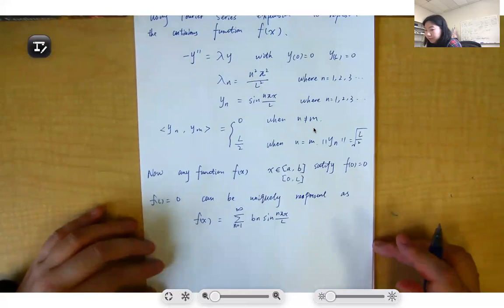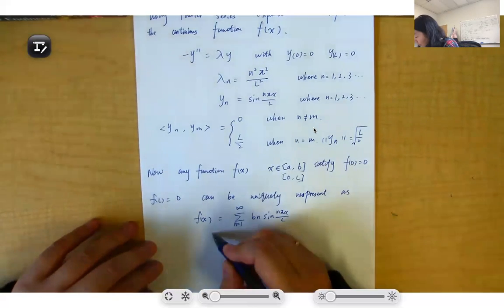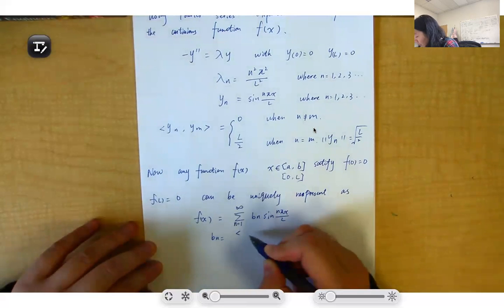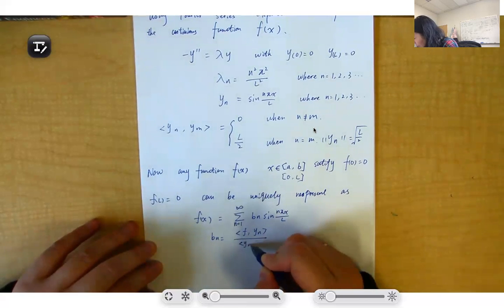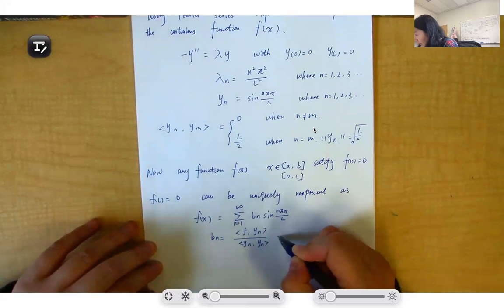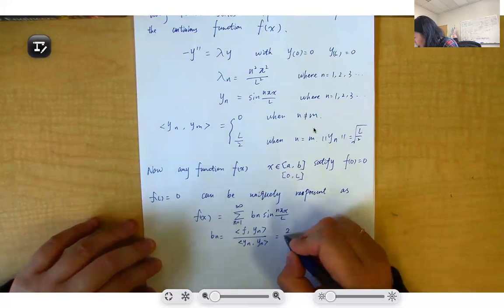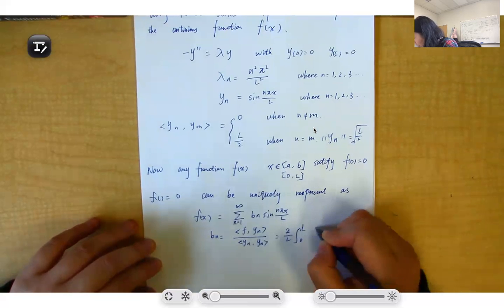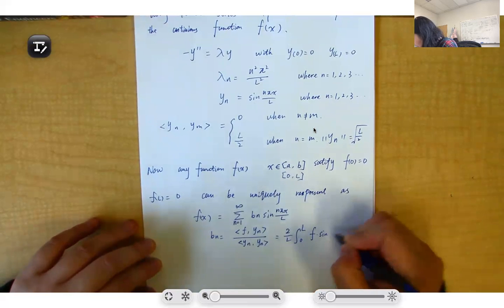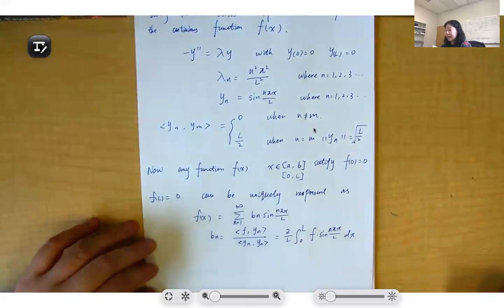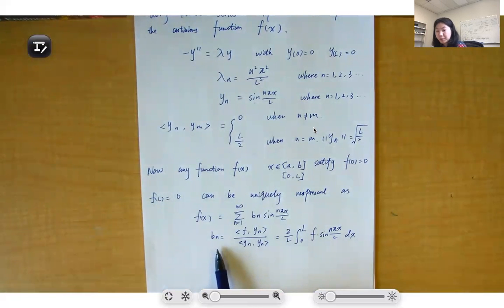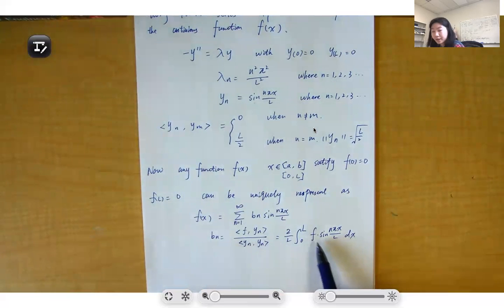And we also solved that b_n is equal to the inner product of f and y_n over the inner product of y_n with itself, that is equal to 2 over L times the integral from 0 to L of f times sine n pi x over L dx. So that is our b_n, and it really depends on what your f(x) looks like.